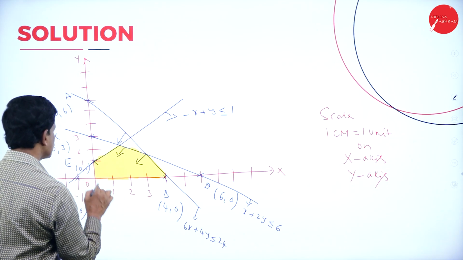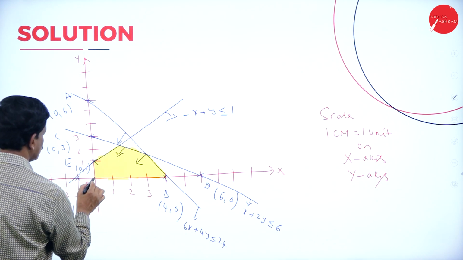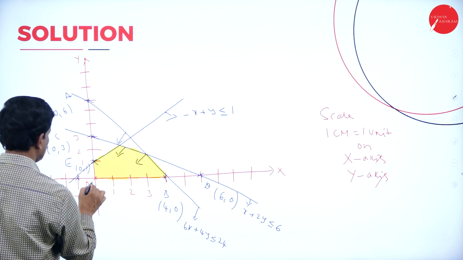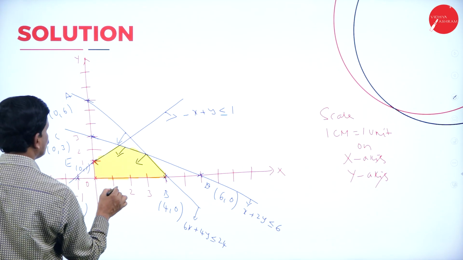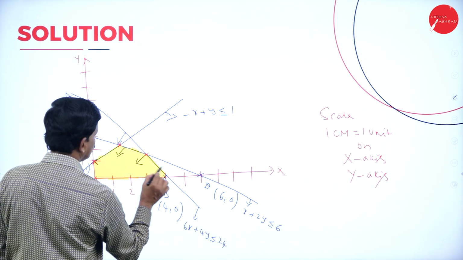Now what are the points? The final points for this are O, 0, 0. It intersects at these two points and this point.